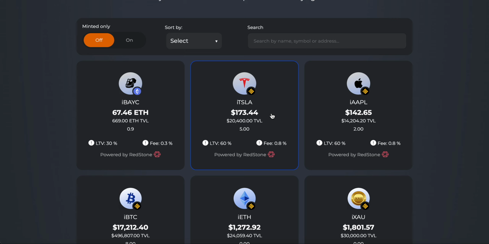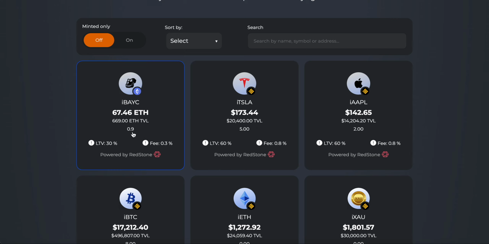In this case, the price of the Tesla stock is $173. Below is the TVL of the synthetic token, meaning how much collateral users have put into the synthetic contract. In this case, about 670 Ether, and here 20,400 USD.